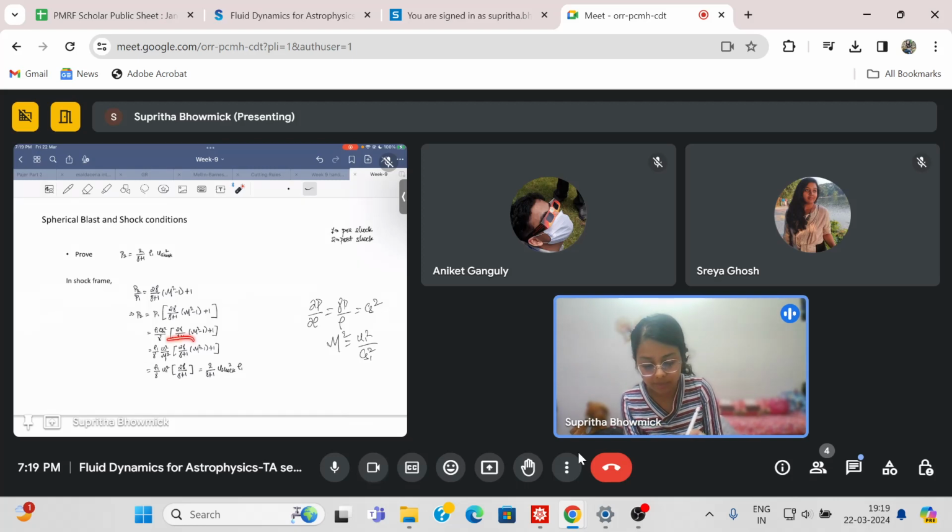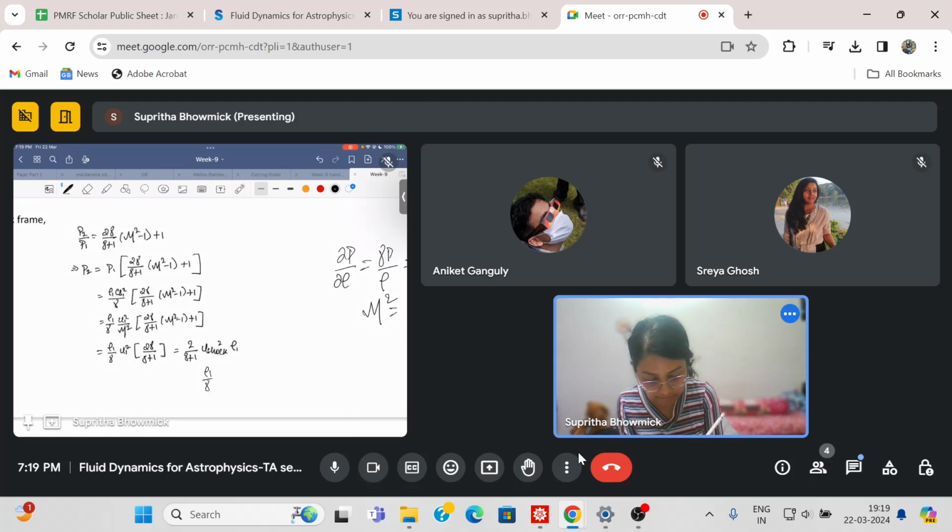Okay, so P2 becomes this. Then I'll take this Mach square inside this third bracket. So this becomes rho 1 by gamma u1 square times 2 gamma by gamma plus 1 times (1 minus 1 by Mach square) plus 1 by Mach square.